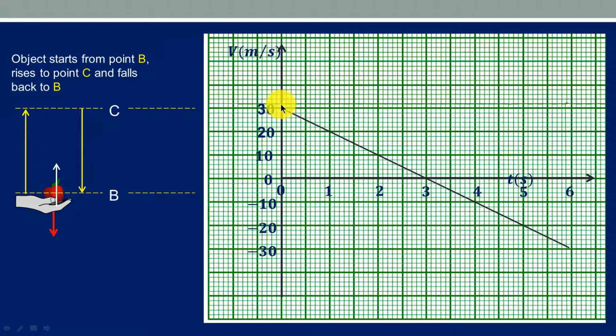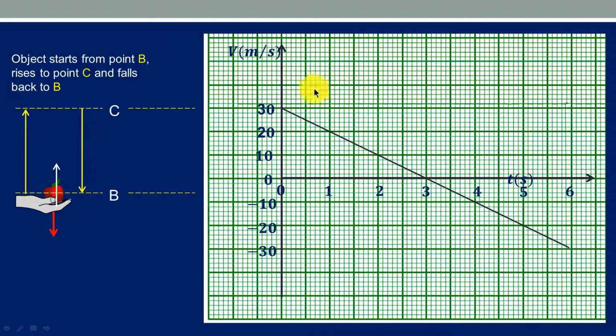Don't get confused by this. Many students think because this motion is upwards and the next one is downwards, this must be negative acceleration, this must be positive acceleration. No. We define our acceleration depending on which direction we took as positive.